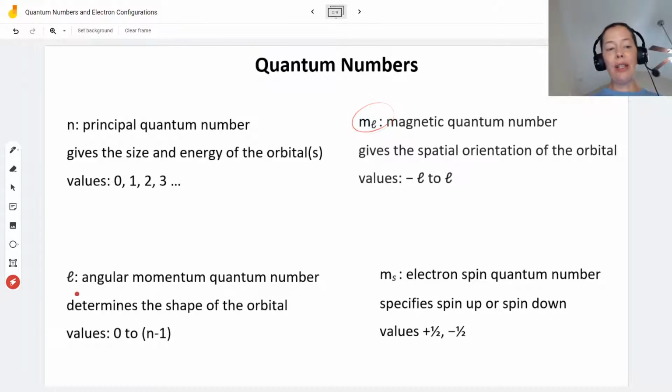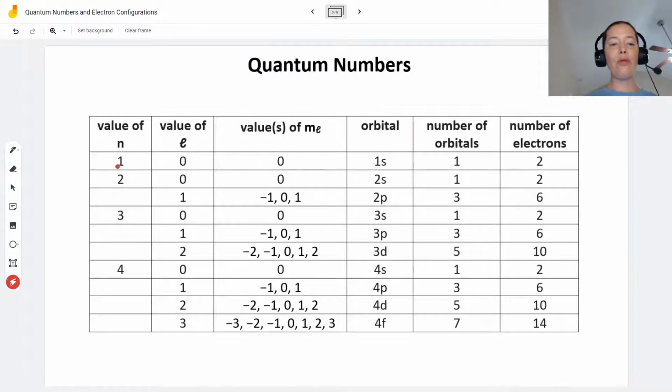So m sub L is determined by L, and its values are negative L to L. So in this first row of my table here, if our value of L is 0, then our value of m sub L, you could think of it as negative 0 to positive 0, but it just means it's 0. It's only one value. So our value of m sub L is 0.